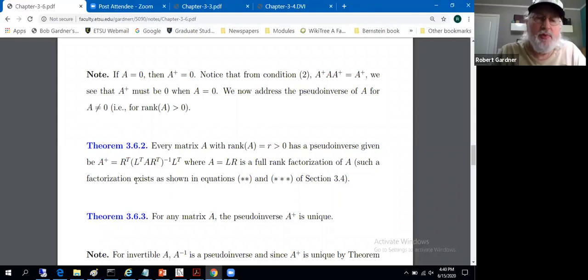To actually compute a pseudo inverse, and we won't really touch on that, though we could backtrack to see what produced those L's and R's in those starting equations in section 4, and then go through and compute the pseudo inverse using the formula. So our claims are: pseudo inverses exist, and here's how they're computed. Secondly, pseudo inverses are unique.